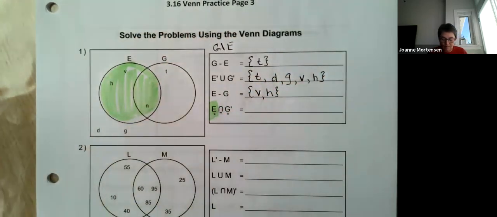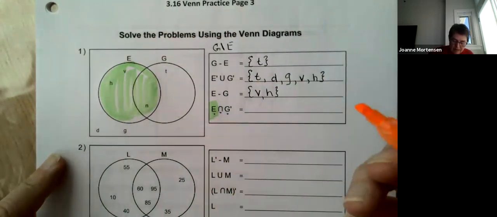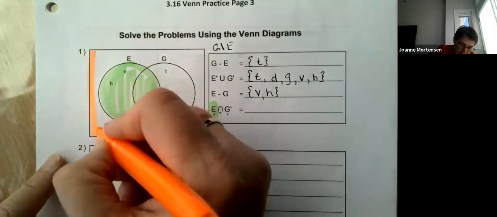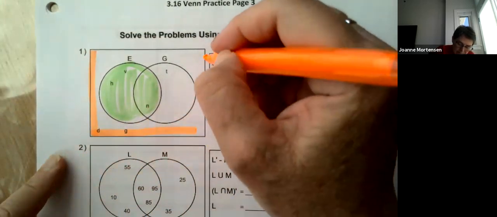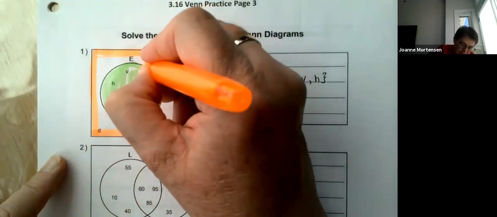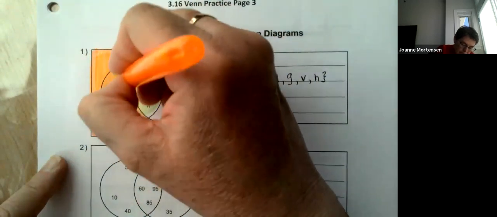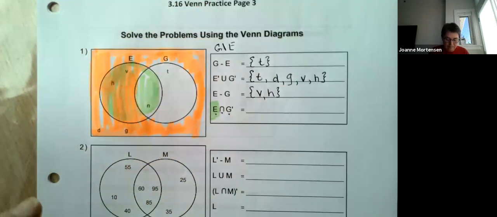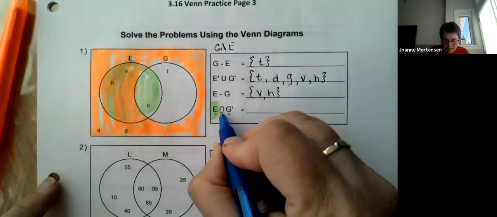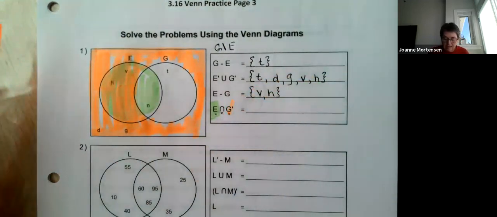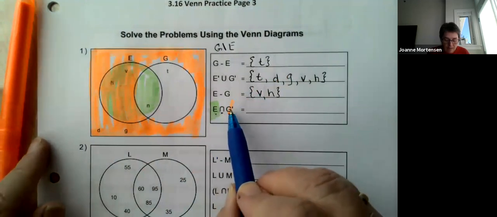So there's E. Now, if I do G prime, that means everything but G. Now, because this has intersection, that means I want the stuff that is colored both green and orange.